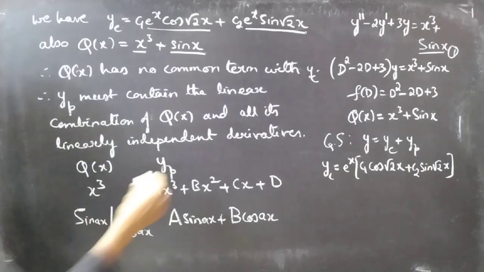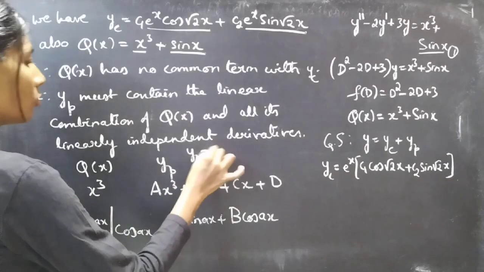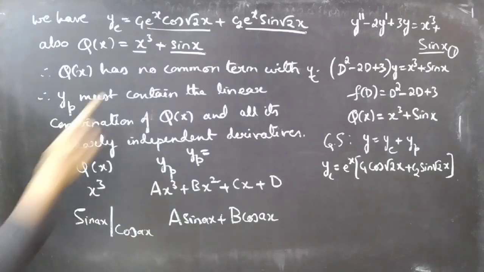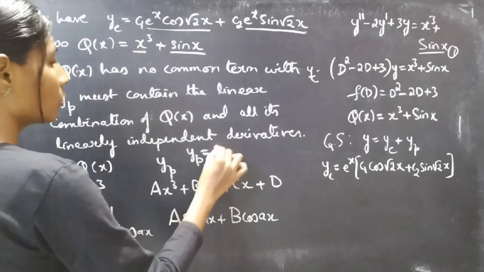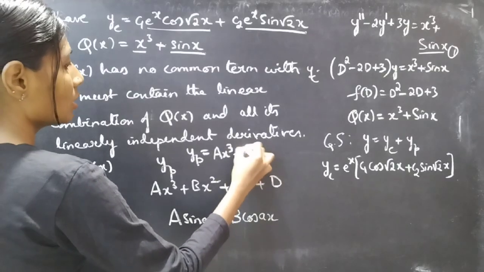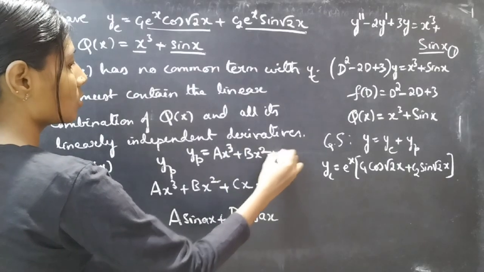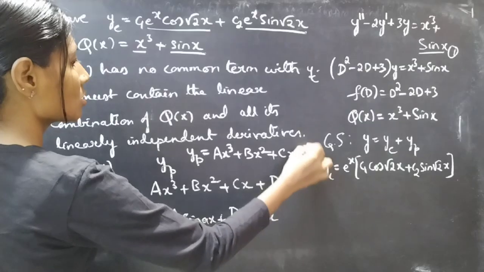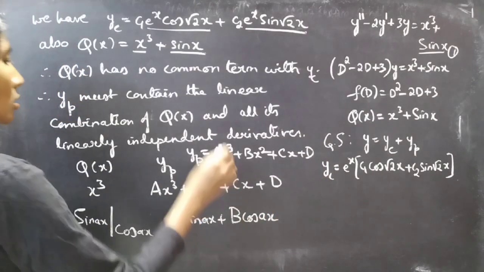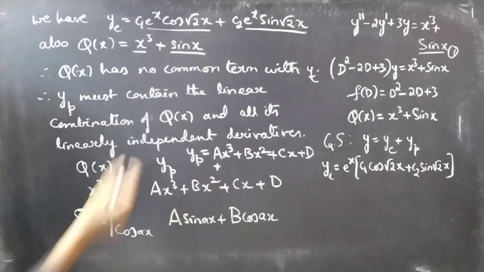Now coming to our formula, yp equal to, we have x cube, right? So let's write a formula corresponding to this x cube. I'll take one constant into x cube plus b, another constant, into x square plus another constant into x plus another coefficient, say d, plus, now let's write for sin x.